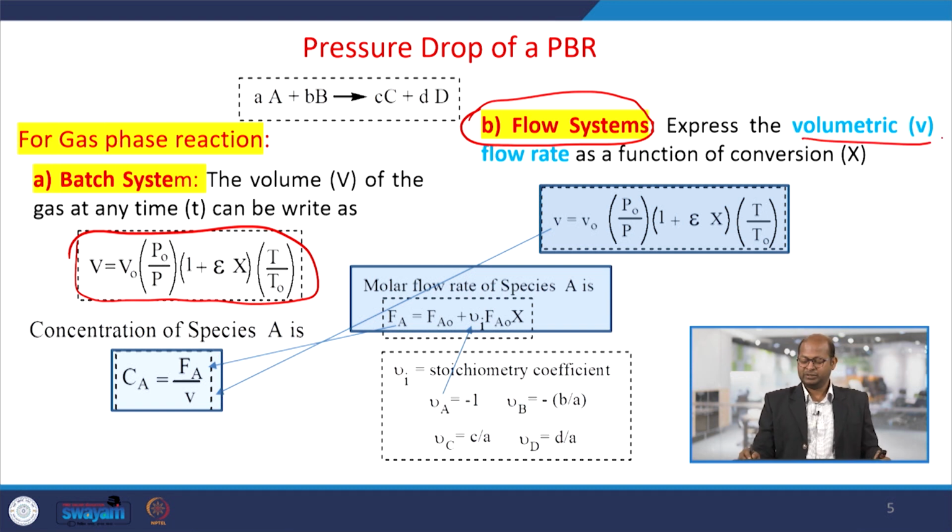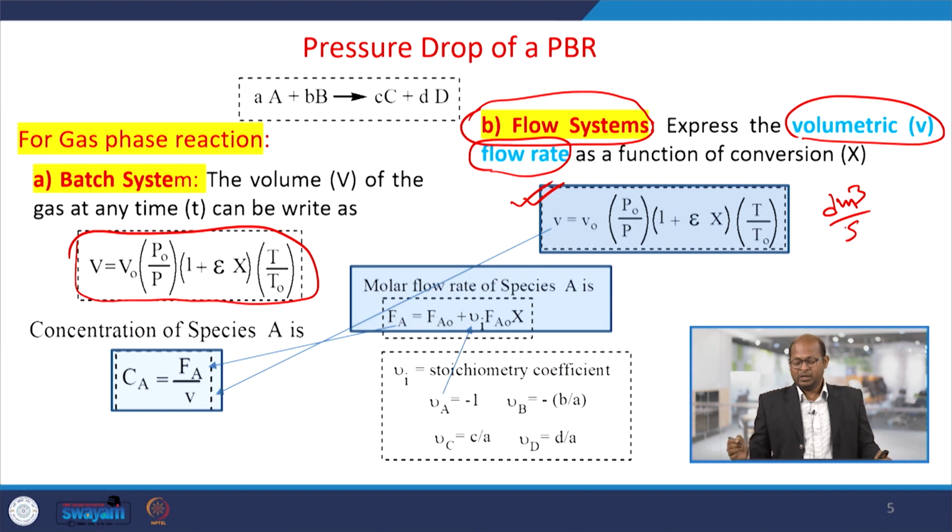See here, volumetric flow rate changes would be there with changes of temperature and pressure. Here small v, or v naught, is the volumetric flow rate of that particular system. So, volumetric flow rate v is a function of v naught, P naught by P, a pressure term, a temperature term, and the fractional volume change and conversion term.